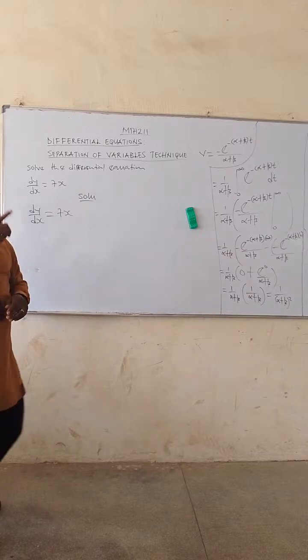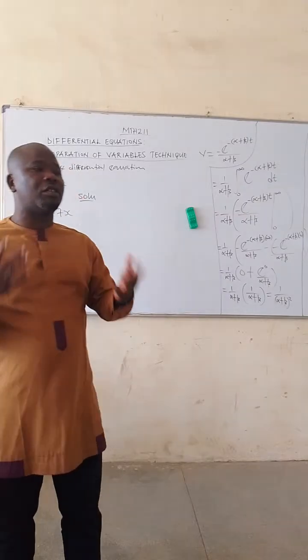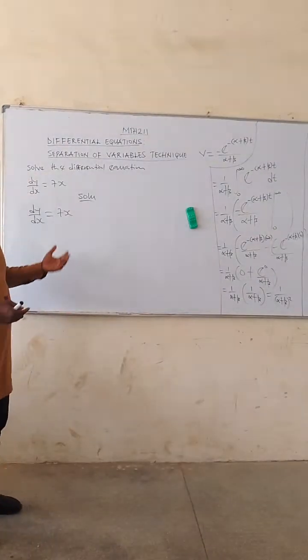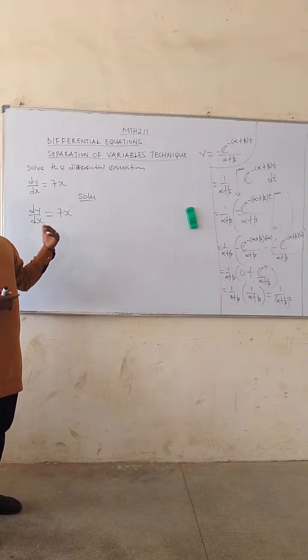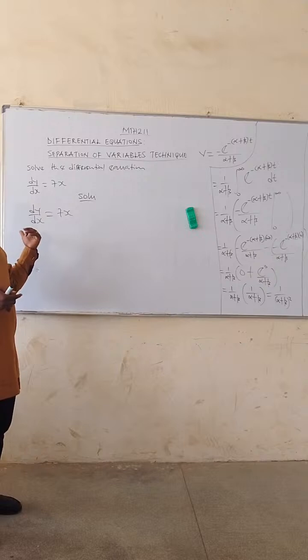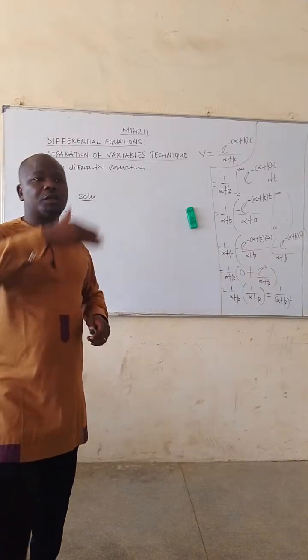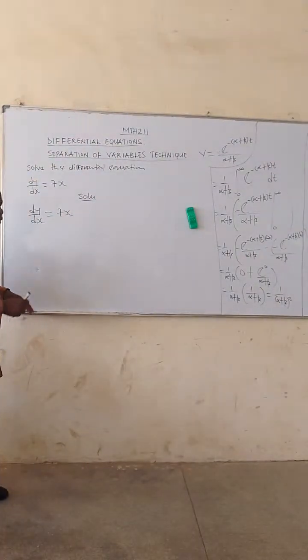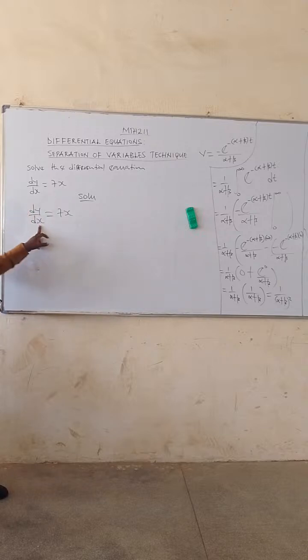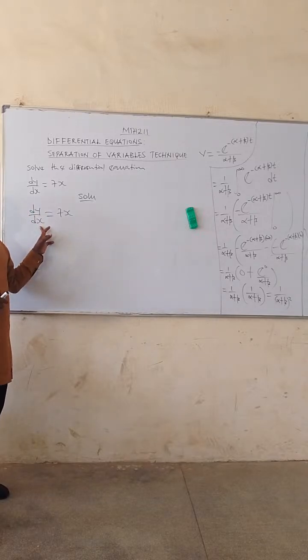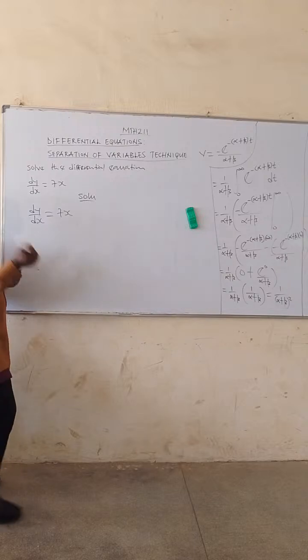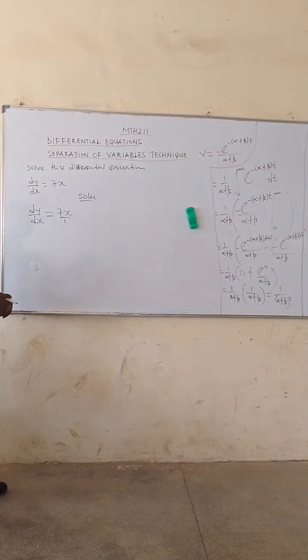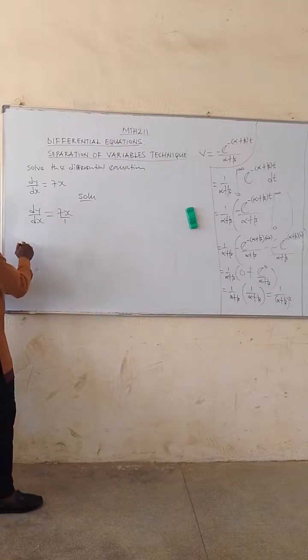Before one can use separation of variable, the terms having y must be on one side, and the ones having x must be on the other side. On the left hand side we have dy over dx, so before we can use separation of variable, we have to separate this dx. If we cross multiply, note that there is an invisible 1 here.